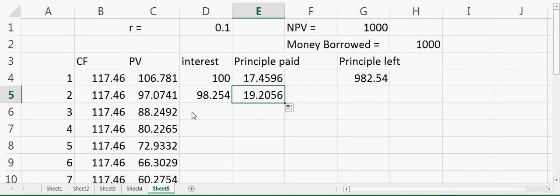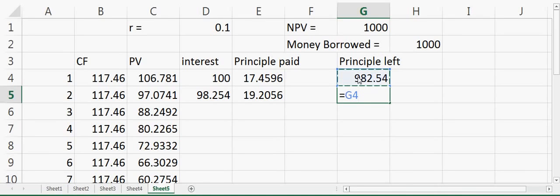Principal left will be equal to the principal left last time minus the principal which was paid. So that will be equal to 963 now.